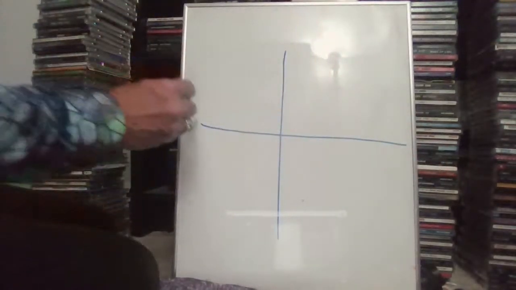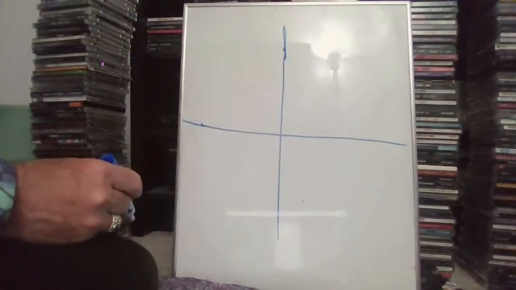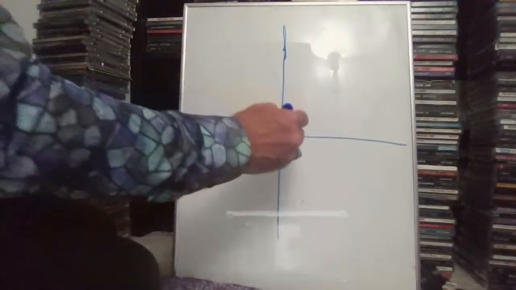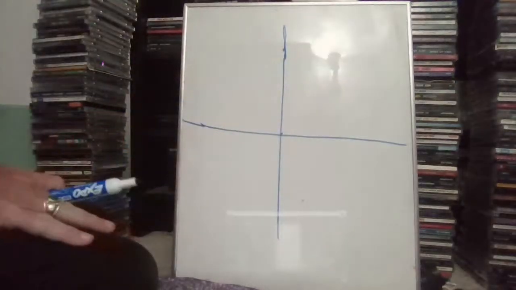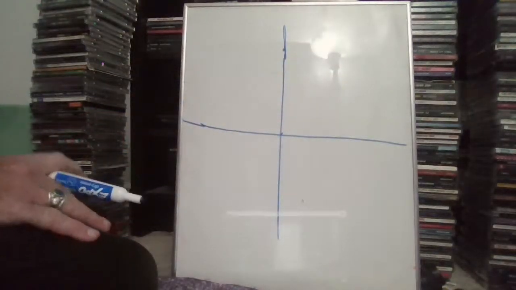In calculus, the derivative of a function is how fast that function is increasing or decreasing over time at that point.